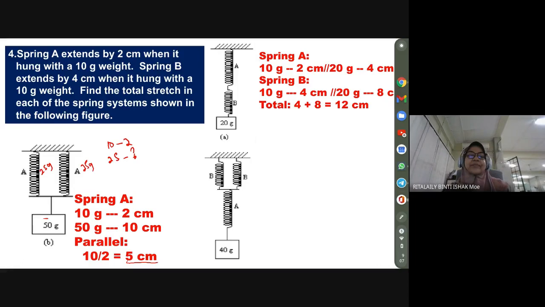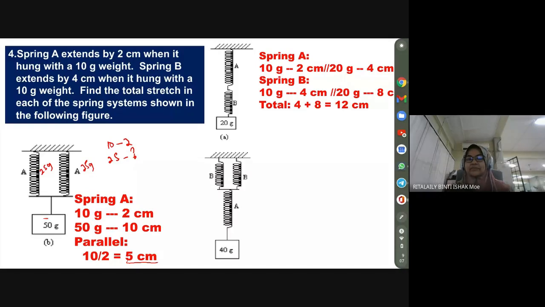Okay, so now what about diagram C? What is your answer for diagram C? We have two B springs arranged in parallel, and both are arranged in series with one spring A. So what is the answer for diagram C? 8 cm.